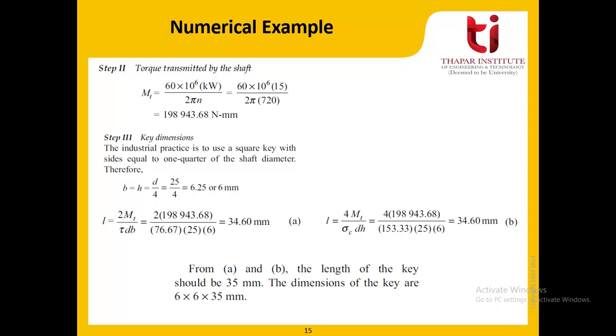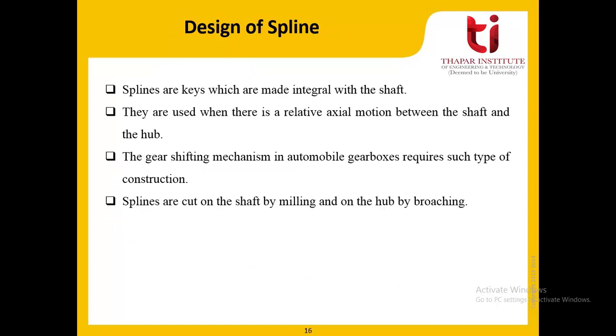Okay, now let us have a look at spline. Splines are keys which are made integral with the shaft. Generally the keys are auxiliary components. You have a keyway on the shaft, you have a keyway on the hub, and a key is inside it.